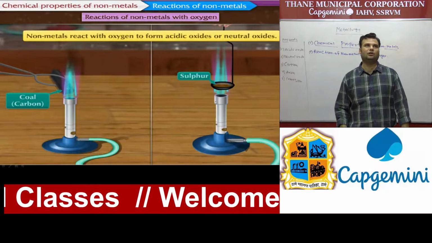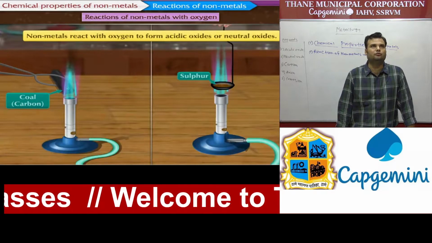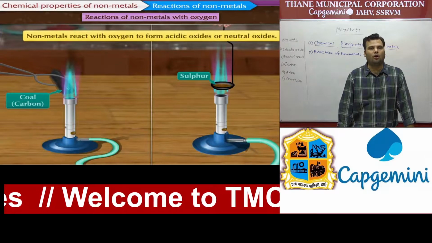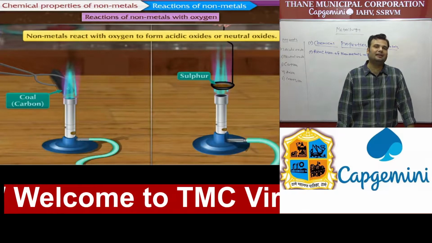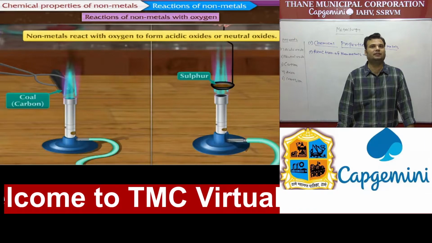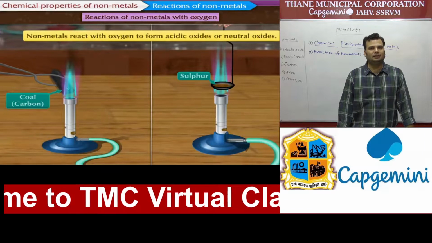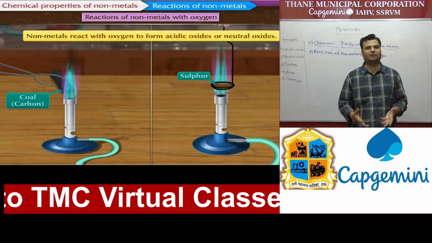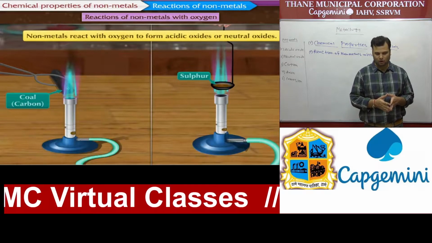So student, you can see also, non-metals react with oxygen to form acidic oxide or neutral oxide. Like metals, when they react with oxygen, form basic oxide, similarly non-metals when they react with oxygen form acidic oxide or neutral oxide.